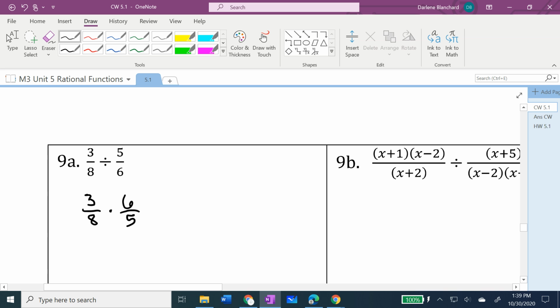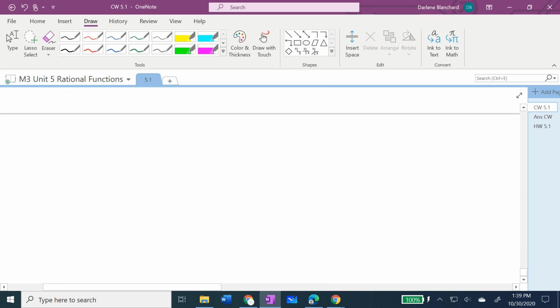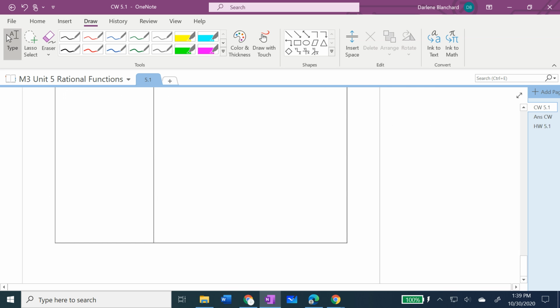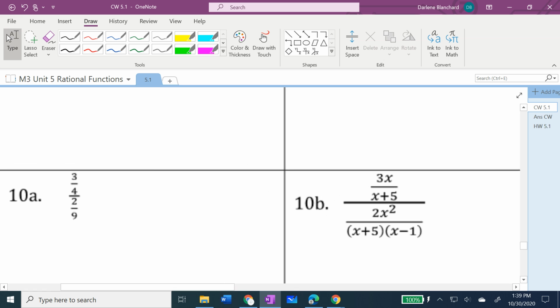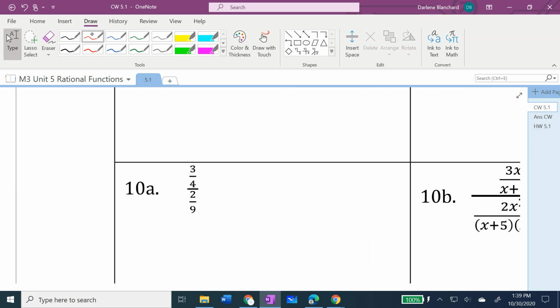And if you're wondering why can I do that, let's move down to this one. This is a big giant division bar. This is 3/4 divided by 2/9, just written differently.